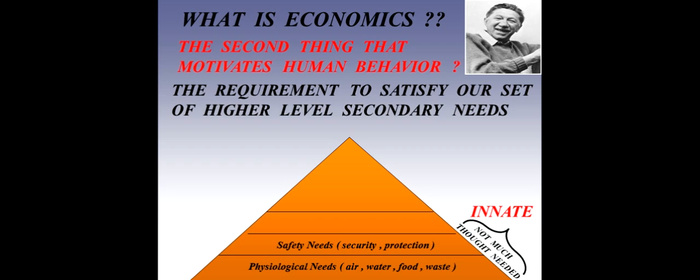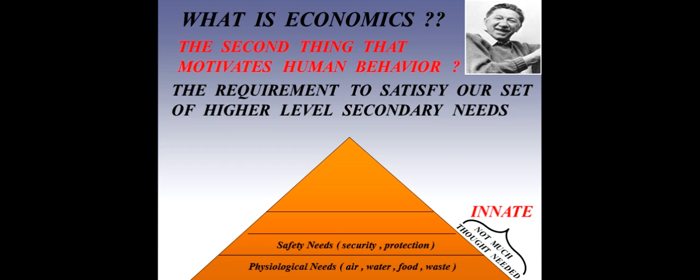I want to stop here for a second and point out again the fact that if our physiological needs are not being satisfied, we don't have to worry about our safety needs. Satisfying these and what's motivating us to get them satisfied are dependent on taking care of the most fundamental things first.